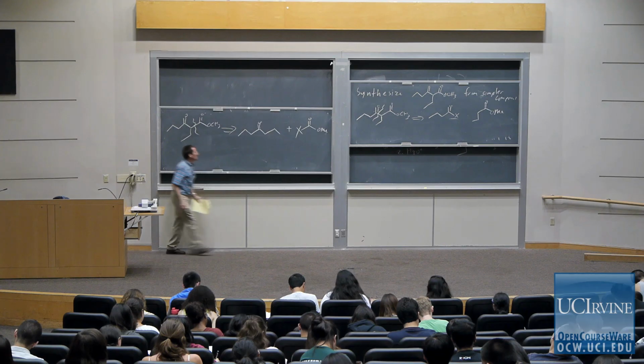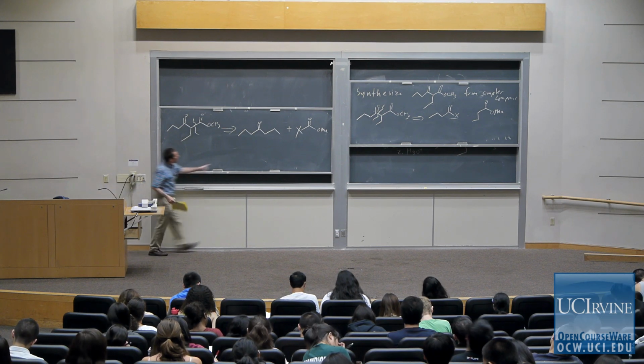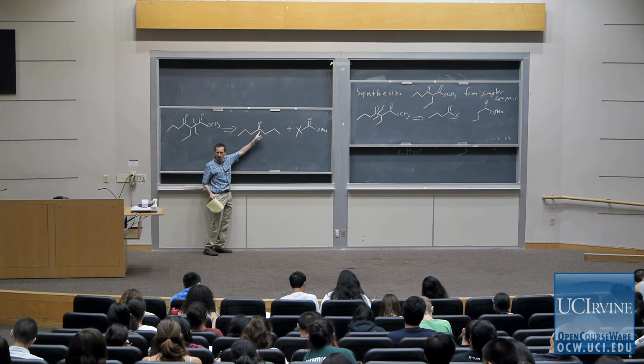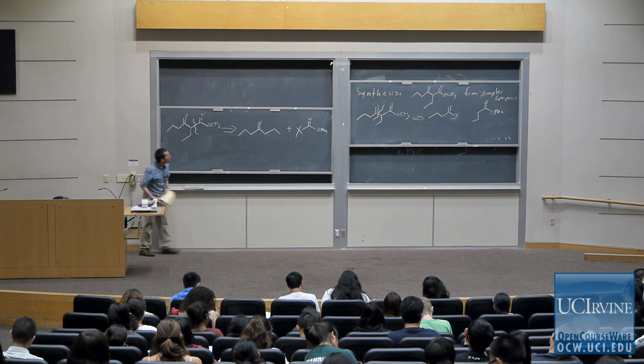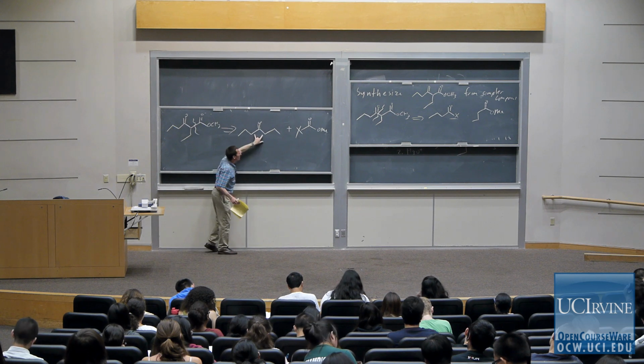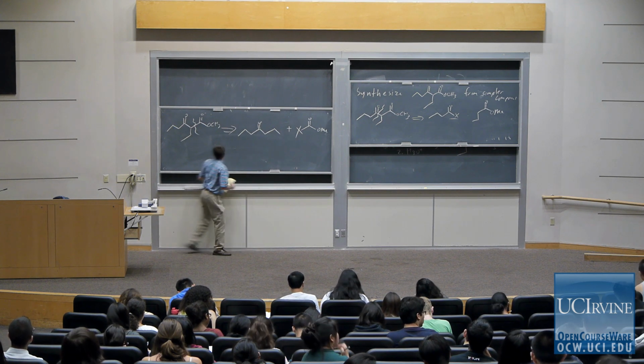I come back this way, and I say, where does that lead me? Okay, well, I've got this 4-heptanone. I've got this ketone here. And it's got 2 symmetrical alpha carbons. And I can imagine another methyl group here.